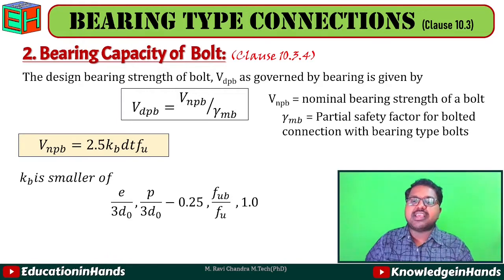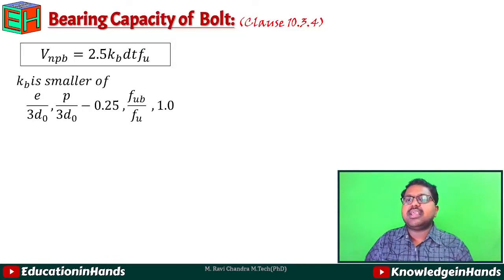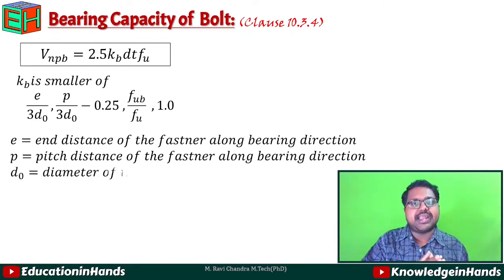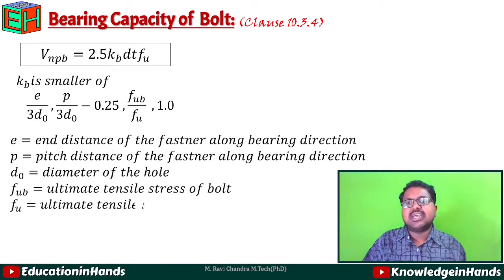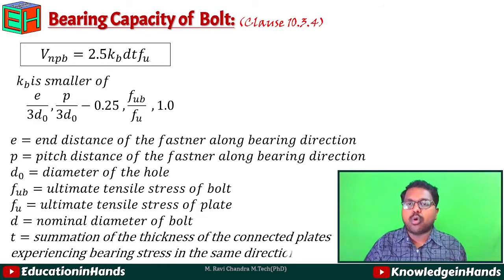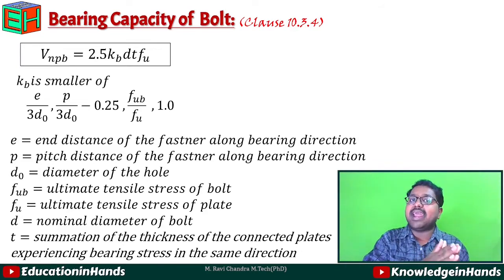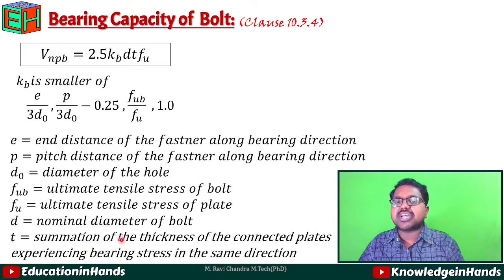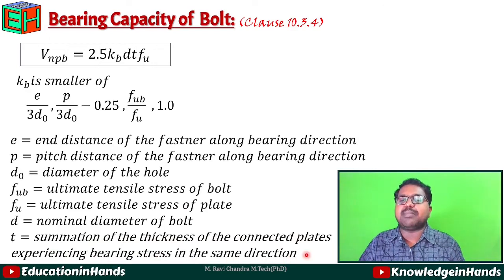What is this terminology? E is the end distance of the fastener along the bearing direction, which we discussed in our terminology, P is the pitch distance, d0 is the diameter of the hole, fub is the ultimate tensile stress of the bolt, and fu is the ultimate tensile stress of the plate or material. d is the nominal diameter of the bolt, and t is the summation of the thicknesses of the connected plates experiencing bearing stress in the same direction.